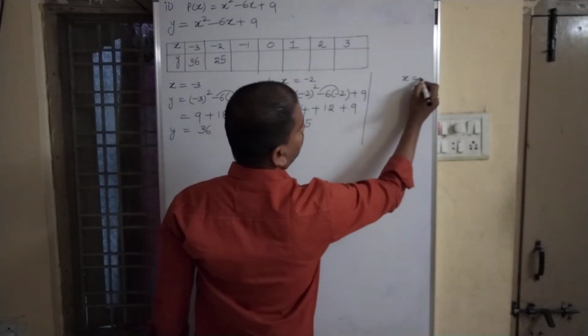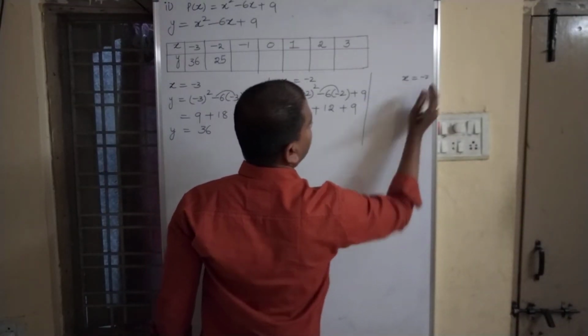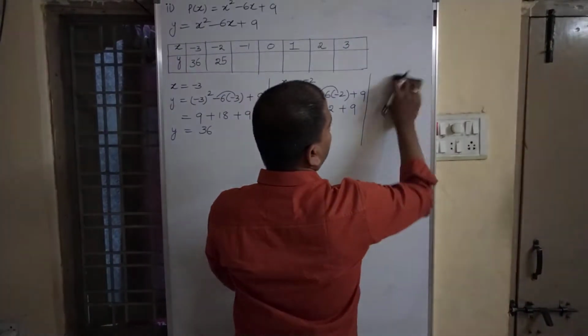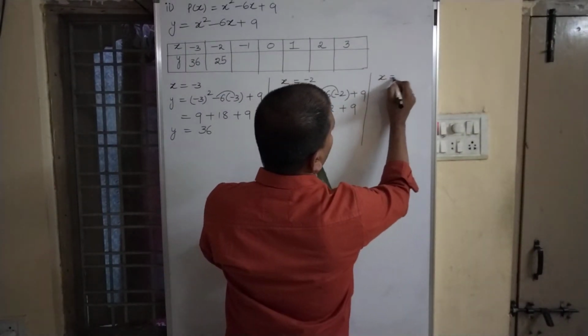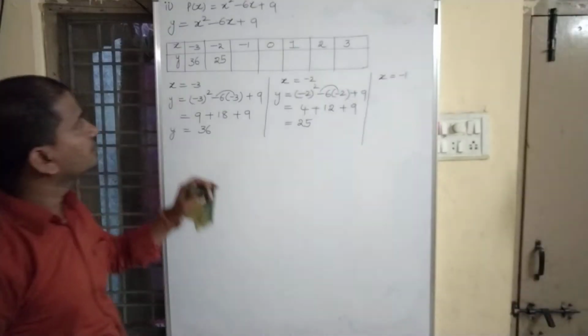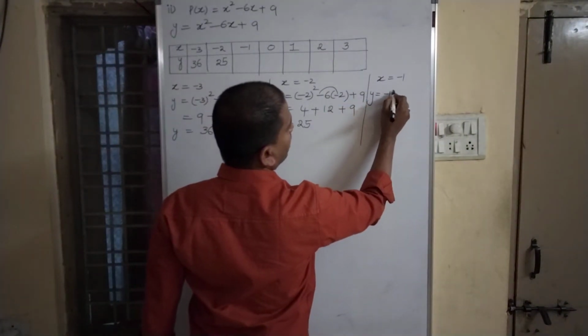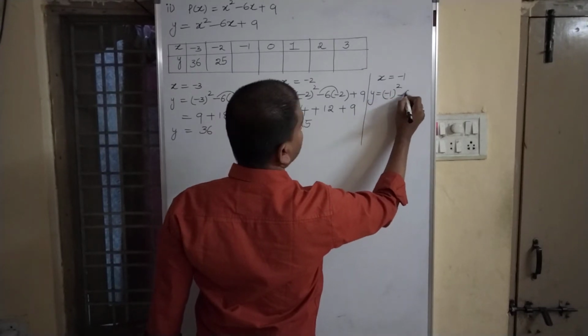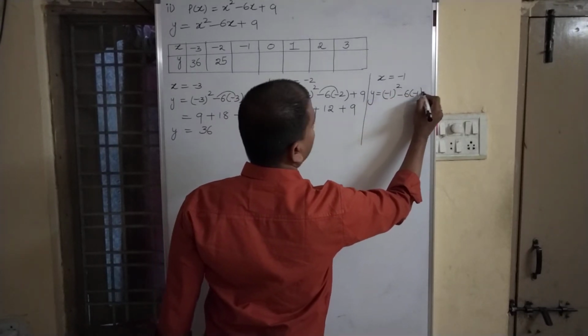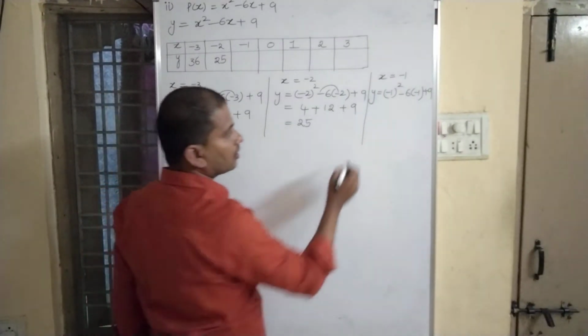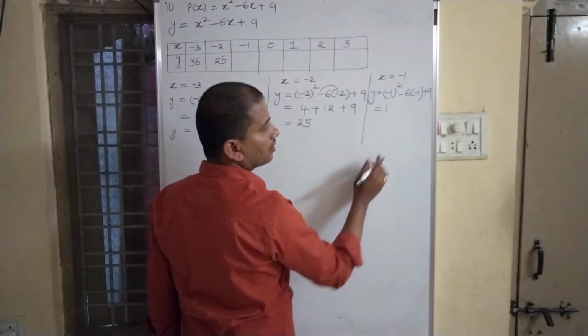Now when x equal to minus 1, let us find the value of y. y equal to minus 1 whole square minus 6 into minus 1 plus 9. Minus 1 whole square is equal to plus 1.